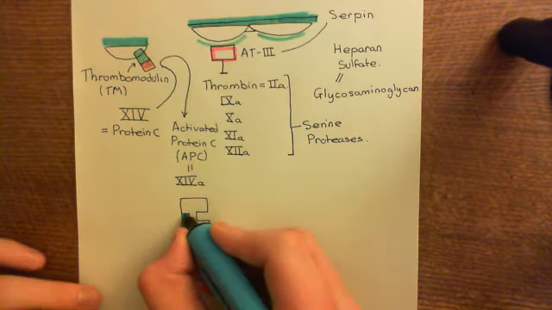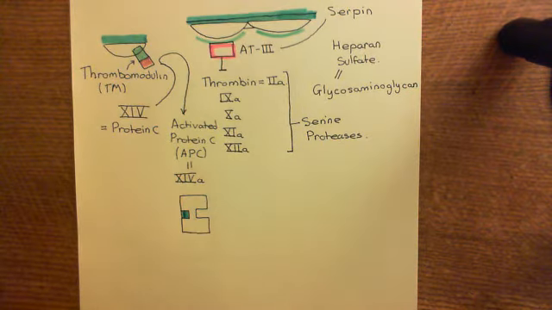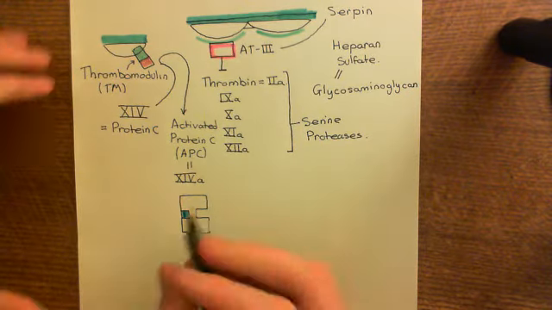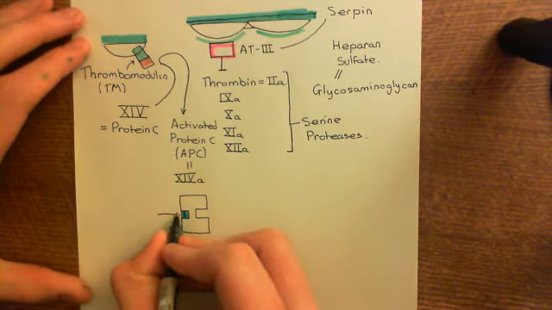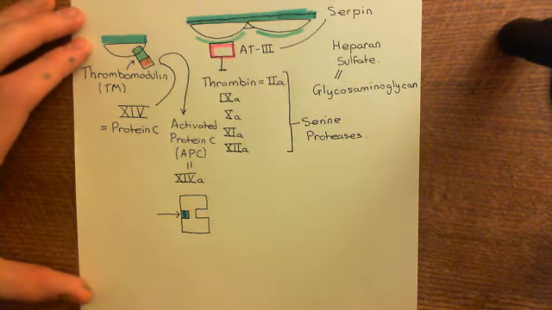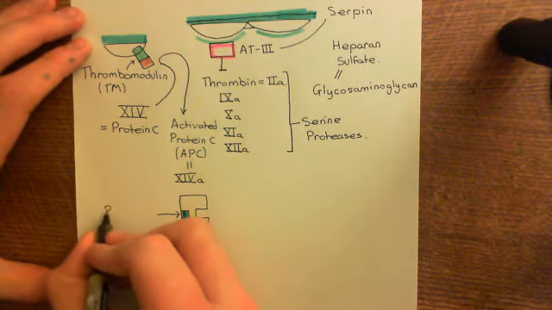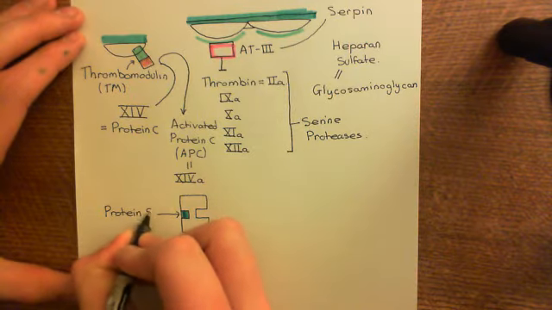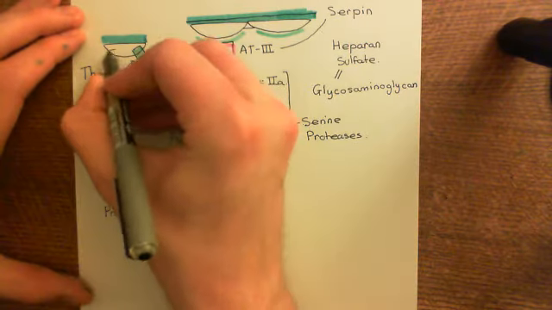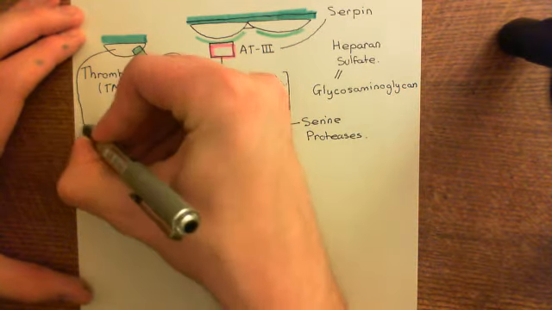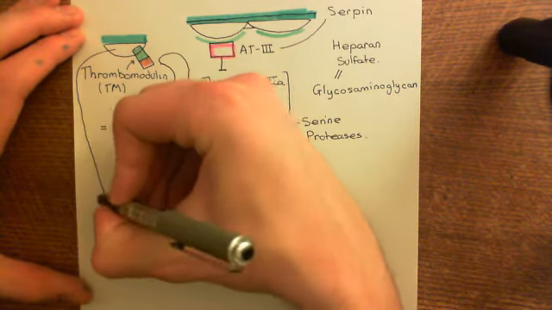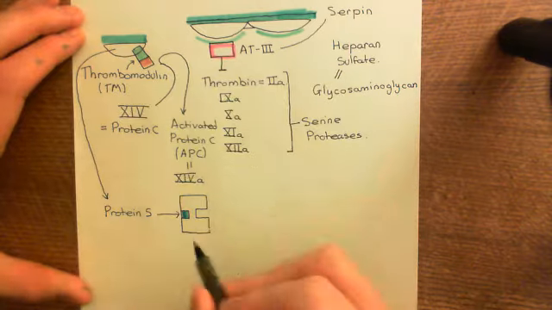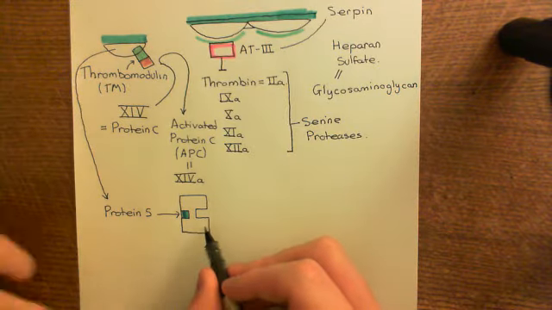So I'll highlight this in blue in order to actually get it to work. So what is the protein that comes and acts as the cofactor for the factor 14A? Well, it's a protein known as protein S. And protein S is produced by endothelial cells. So here's another contribution of the endothelial cells. So they're producing protein S, which is the cofactor for activated protein C.